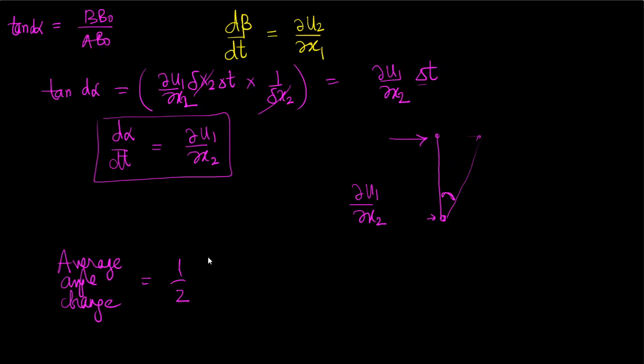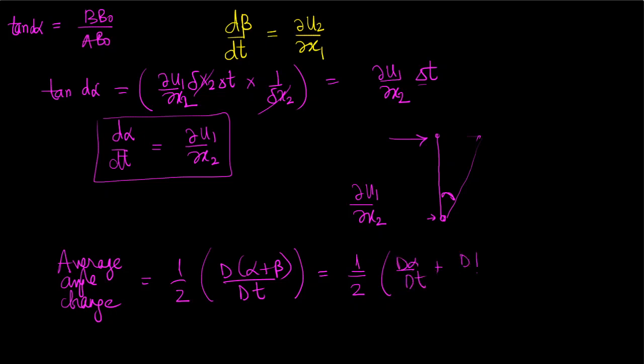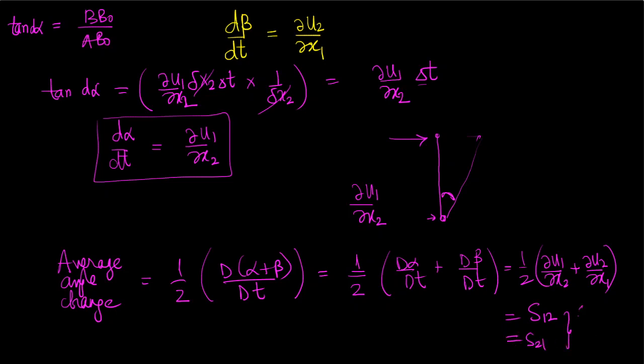It will be equal to half d of alpha plus beta upon dt, and this will be half d alpha/dt plus d beta/dt, and this will be half ∂u1/∂x2 plus ∂u2/∂x1, and this is nothing but S12, and also it is equal to S21 because S is a symmetric tensor.